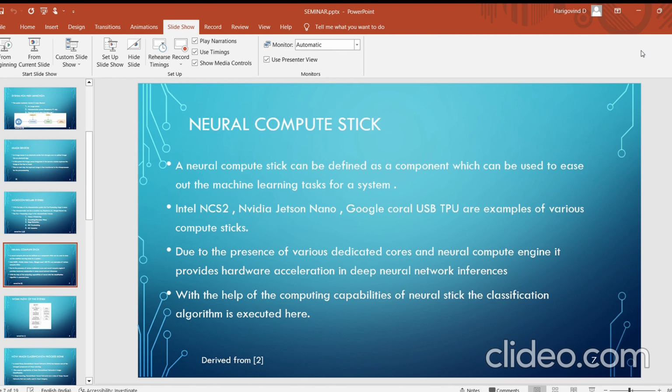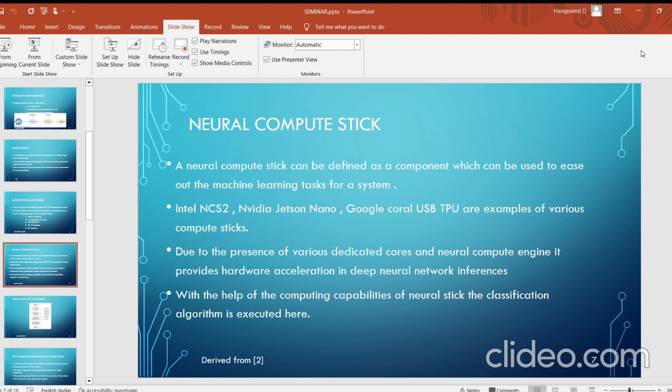Examples of compute sticks include the Intel NCS2, the NVIDIA Jetson Nano and the Google Coral USB TPU. Compute sticks are small systems which have dedicated cores and a neural compute engine.